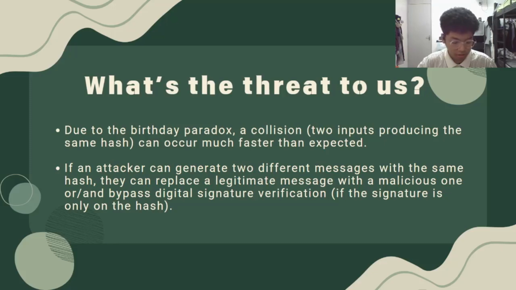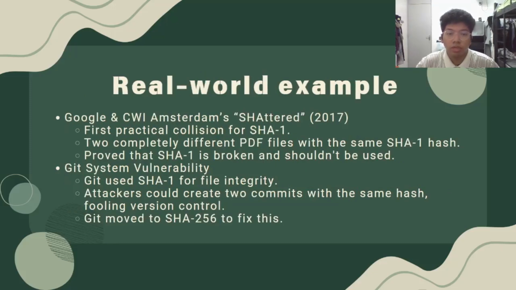which makes it easier to hack and penetrate into certain systems. The real world example that we have is Google and CWI Amsterdam's attack, which was the first practical collision for SHA-1. They used two completely different PDF files with the same SHA-1 hash. This has proven that SHA-1 is broken and shouldn't be used.